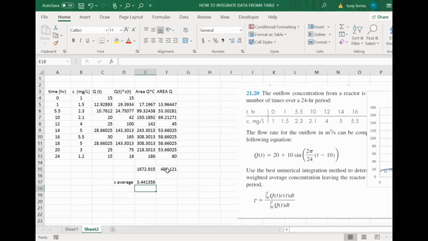Let's see if we can improve a little bit more the area under the curve for this function. You certainly can do many things, like for example, you can apply truncation error and establish what value you want that area to be exact to.